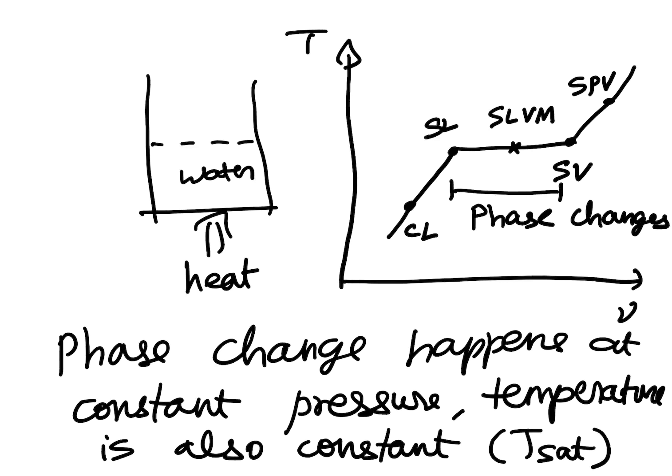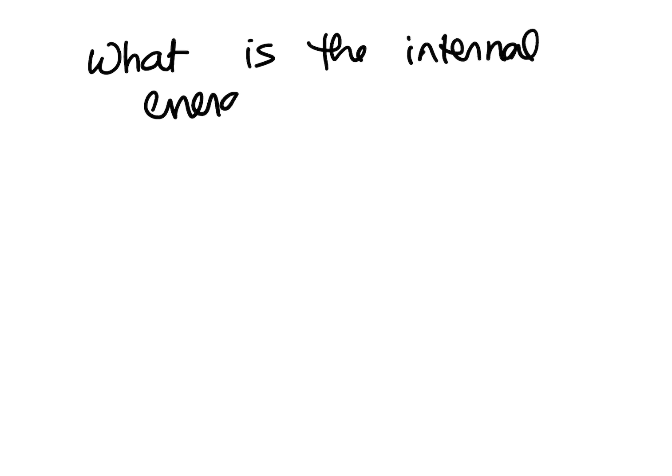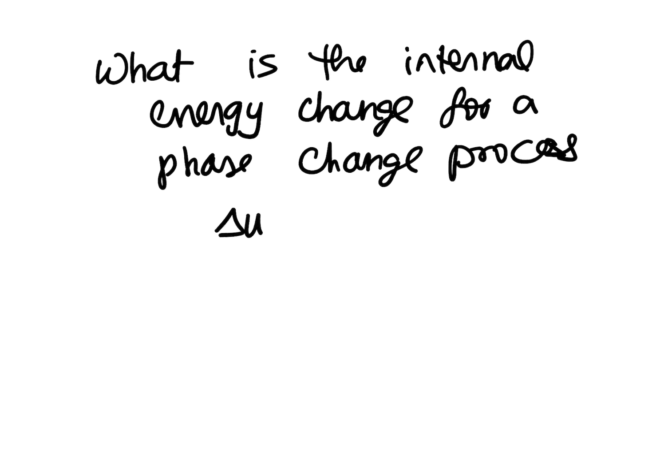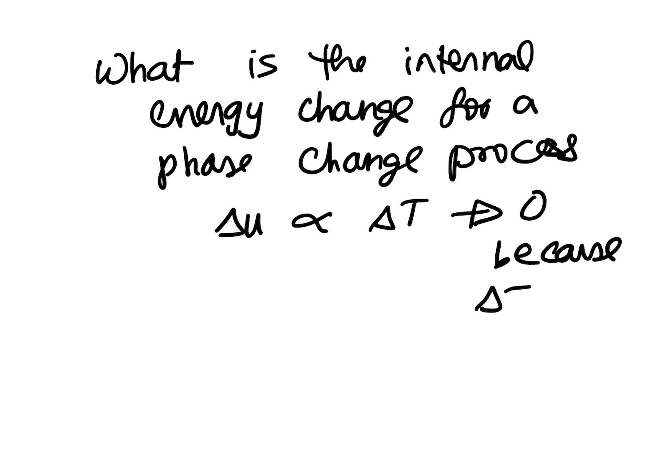Okay, so what is the internal energy change for a phase change process? If you go by your logic of saying delta U is proportional to delta T, then you would predict 0 because delta T is 0.